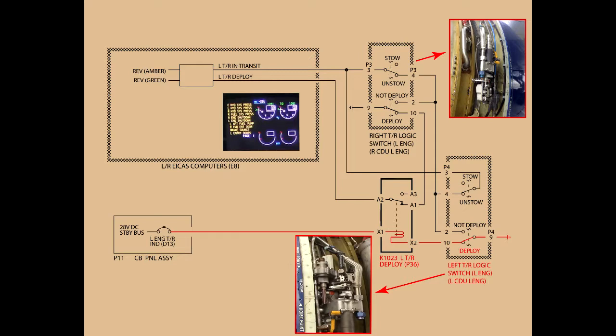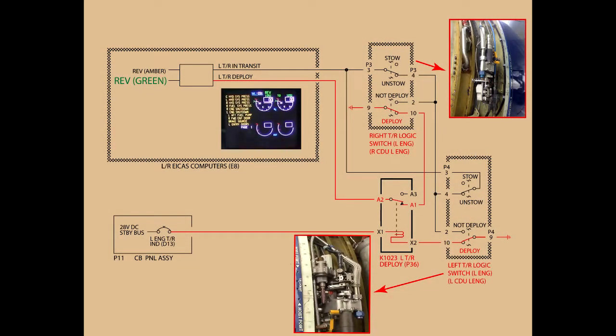And as the relay closes, you can see it has to go through A2 to A1 to the deploy side of the right logic switch that is located in the right CDU on the left engine. Now our circuit is complete. We have a ground that will turn on the green REV light for the left engine.